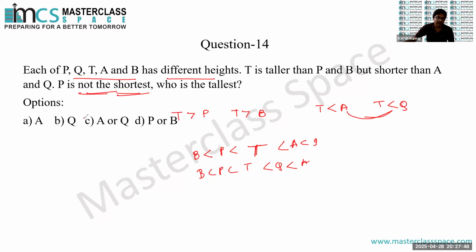So it will be either A or Q. Clear? We do not know exactly who is greater, because there is no relation between Q and A. So either it has to be A or Q. Option C, correct.